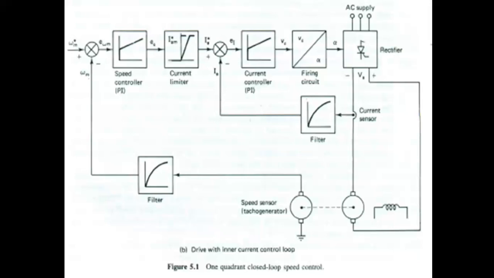Under discontinuous conduction, this gain reduces. The higher the reduction in the conduction angle, the greater the reduction in the gain, and the drive response becomes sluggish in discontinuous conduction, progressively decreasing as the conduction angle reduces.